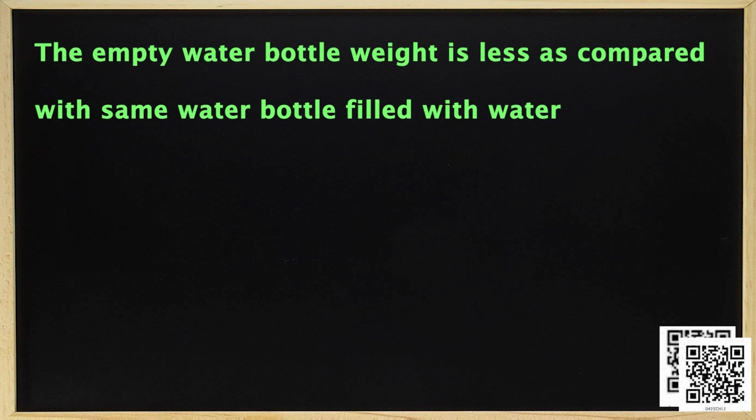So, we can say that equal volumes of different things have different weights. So, from this we can say that 1 kg cotton and 1 kg iron are both equal, because their weights are 1 kilogram.